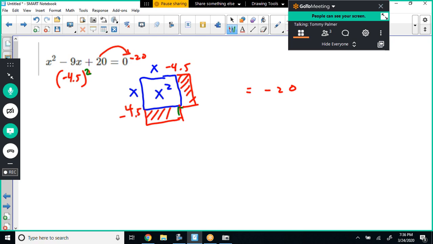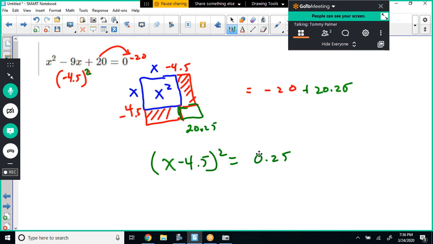So what this is would be negative 4.5 times negative 4.5, which gives 20.25. So I would add 20.25 to both sides because I've added it to make the perfect square trinomial here, and negative 20 plus that gives me 0.25, right? And then you just solve it from there.